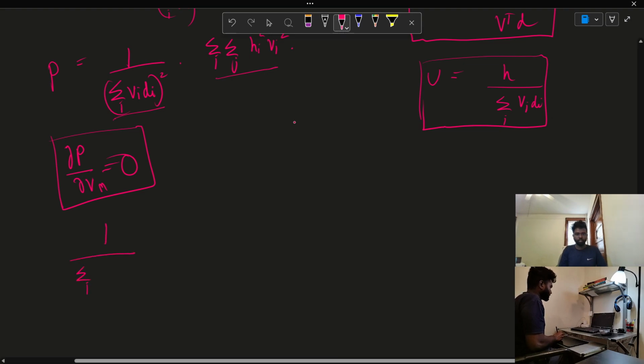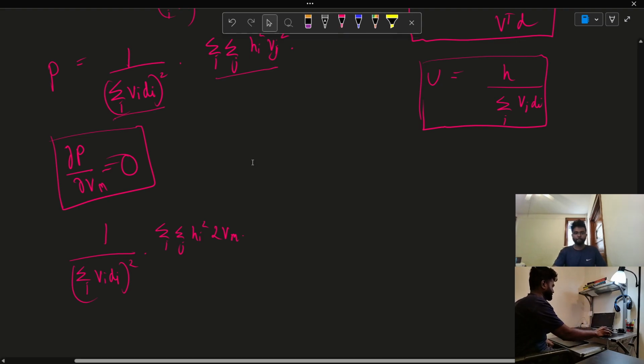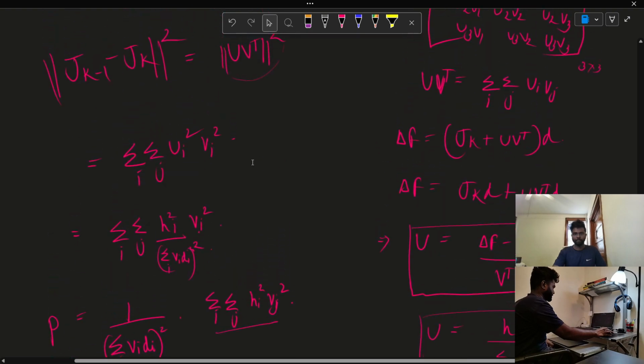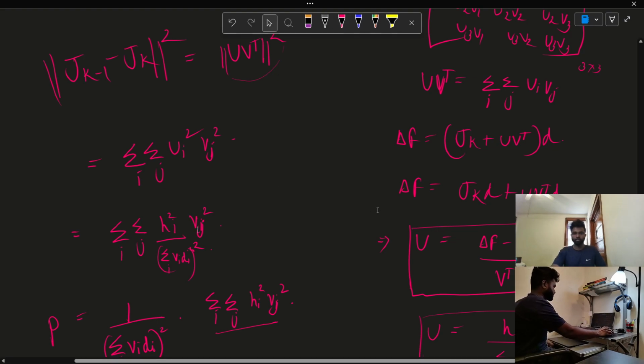The derivative of this would be summation over i of h_i squared v_i squared, which will be 2 v_m v_j. Sorry for my mistake, it has to be j, because u_i v_j.